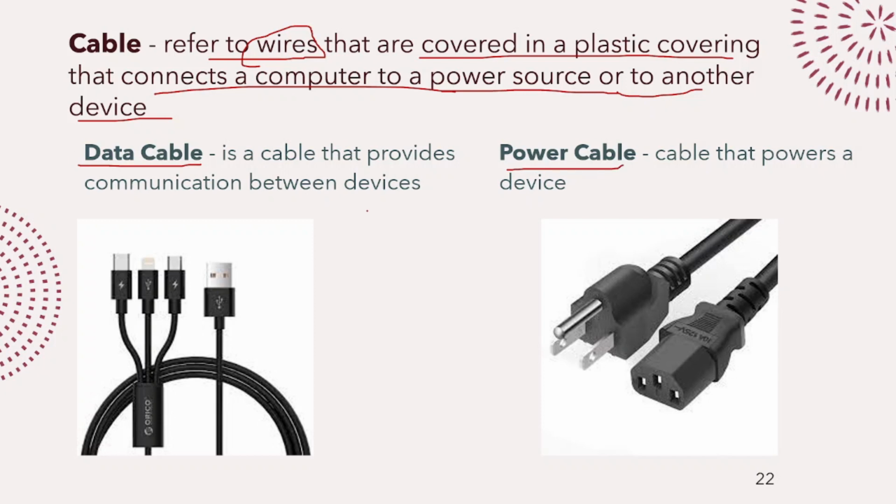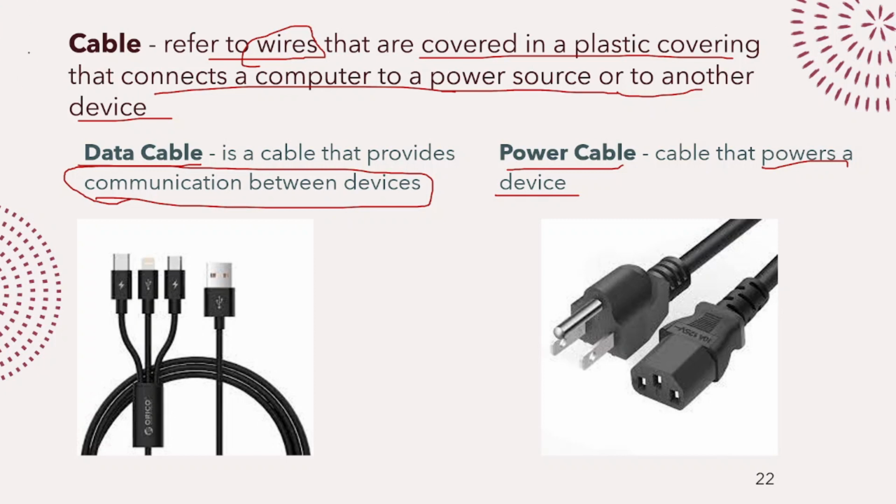So the data cable refers to communication between devices. Meaning, yung USB cable na ginagamit nyo is an example of data cable. So power cable refers to the power of a device or yung ginagamit para makapag-charge yung device. That is a power cable.